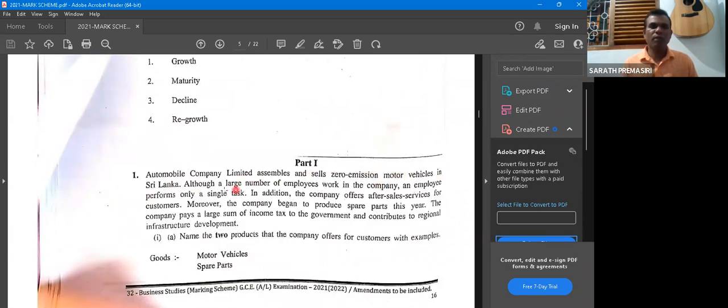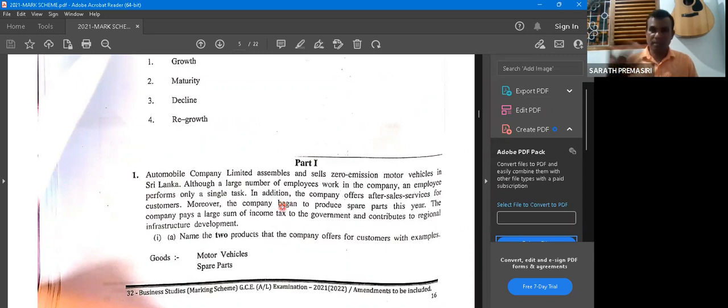Zero emission motor vehicles. And then, as far as BMW is concerned, they supply some leasing facilities. BMW is a company that sells vehicles. In addition to selling vehicles, BMW supplies insurance facilities, and they have their own BMW leasing company. They supply leasing facilities.